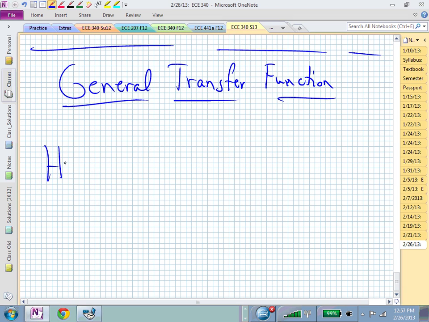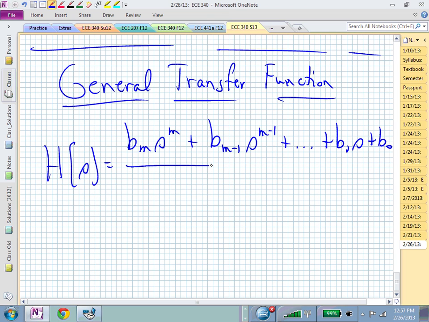Let's say you're given capital H of S is some b sub m s to the m plus b sub m minus 1 s to the m minus 1, and we keep going down to b sub 1 s plus b sub 0, all over a second polynomial. Let's keep a's as the coefficients there: a sub n s to the n plus a sub n minus 1.